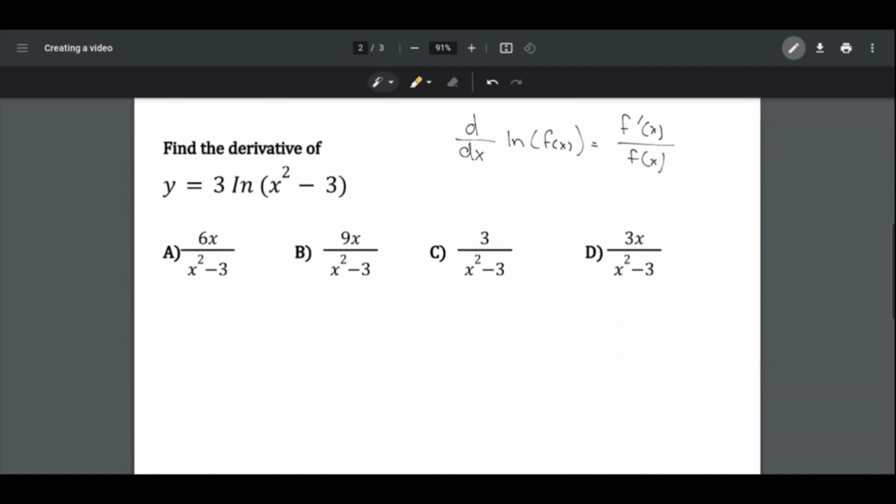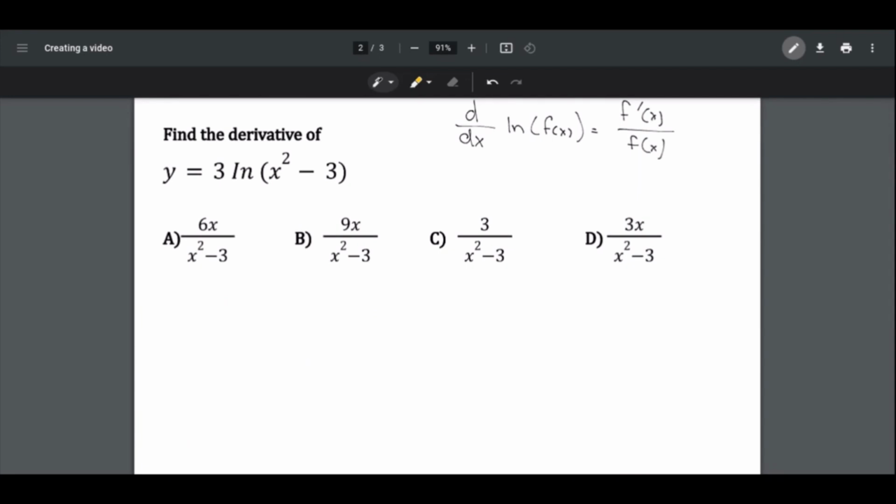Our second question is, find the derivative of y = 3 ln(x^2 - 3). y prime is equal to 3 times, so x^2 - 3 is our f(x), times the derivative of f(x), which is 2x over x^2 - 3.